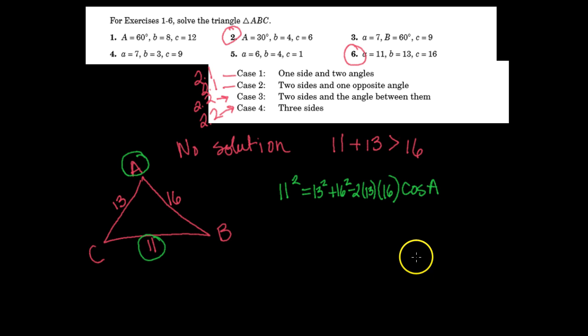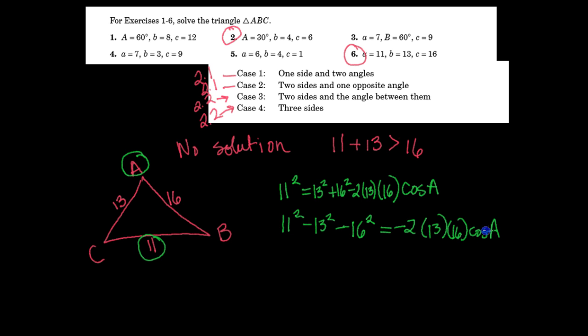Then what I do after that is I just simplify as is. So I've got 11 squared minus 13 squared minus 16 squared, I'm bringing it over, equals negative 2 times 13 times 16 cosine A. See how lazy I am.